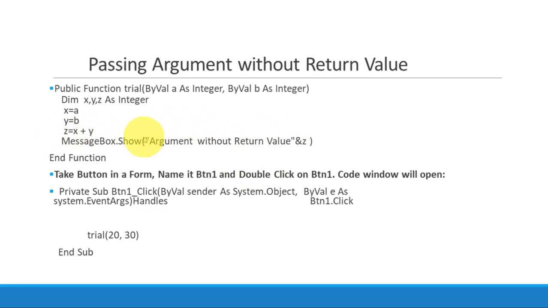That is, here we have calculated the value of X plus Y, and we have shown the value in this function only, in the called part only. So this is passing arguments, that is we are passing 20, 30 here, but we are not returning the value back to the caller. We are just displaying the value there only.